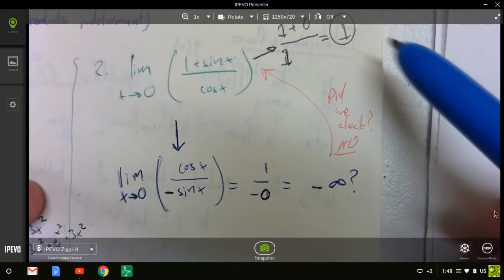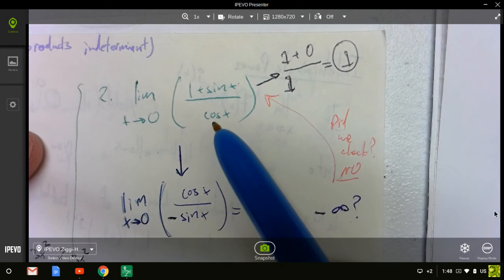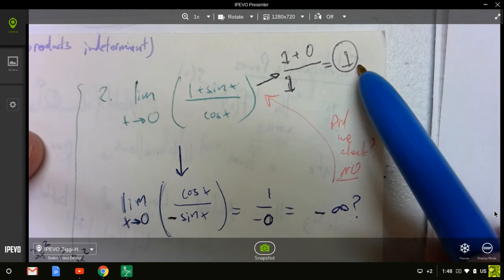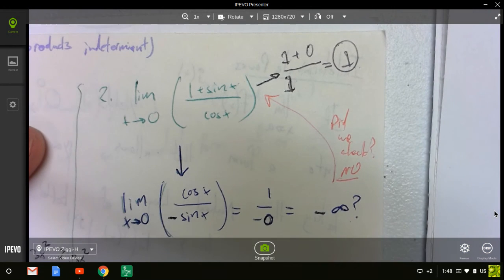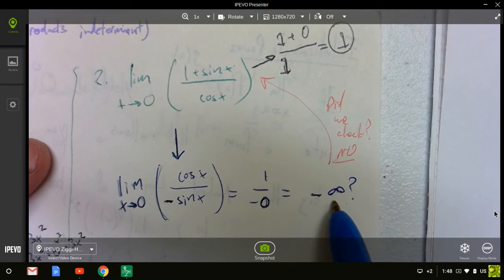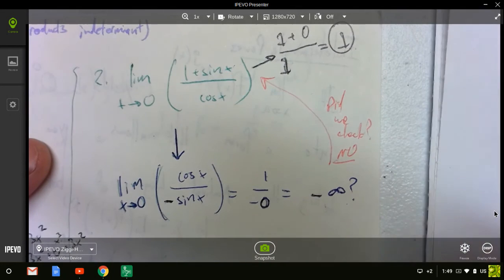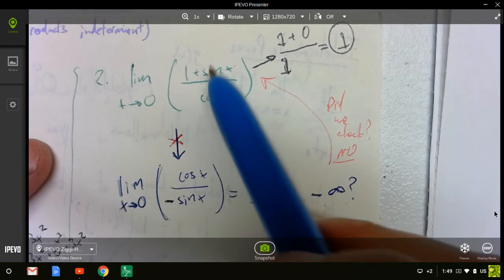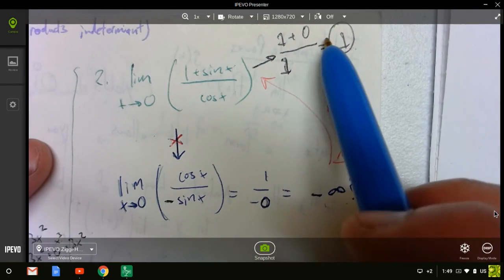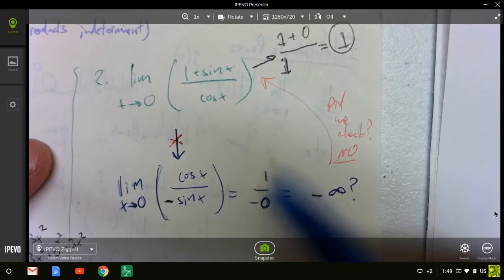Oh, actually, I'm sorry, yeah. Mr. Wee's really goofing up here. Basically, this will give you the correct limit of 1, and this over here will give you an incorrect limit because you did not need to apply L'Hopital's rule at all. Let me check my work here. 1 plus the sine of 0, yes, is 1 plus 0, and then the cosine of 0 is 1. So yeah, it should be 1.